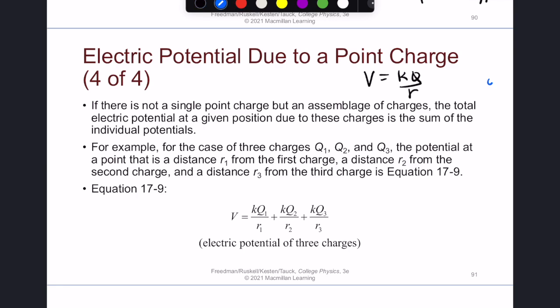So if a point charge is located a distance r away from somewhere in space, point A, then the potential at location A is simply k, the value of Q, divided by the distance between the point and the charge. And what we saw is that if we have 3 or more charges, it's really easy. We can find the potential due to all those charges by simply adding the potential contributions from each charge.